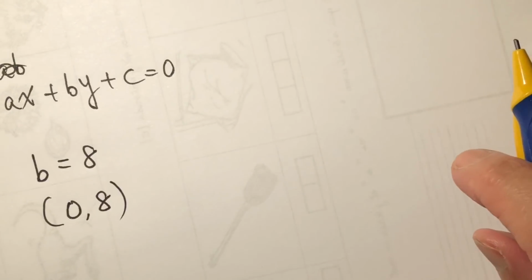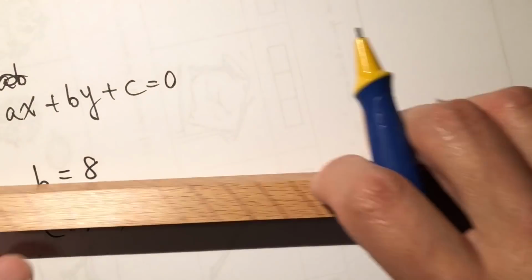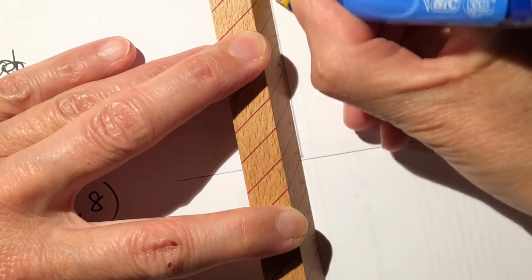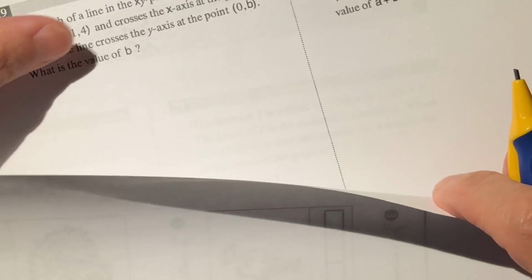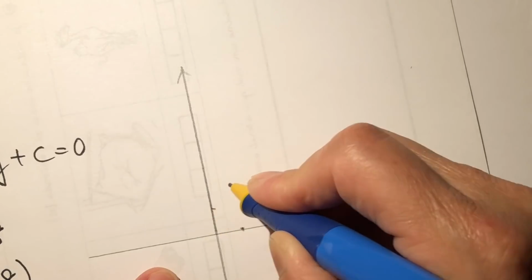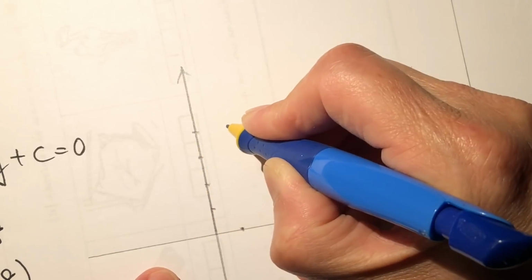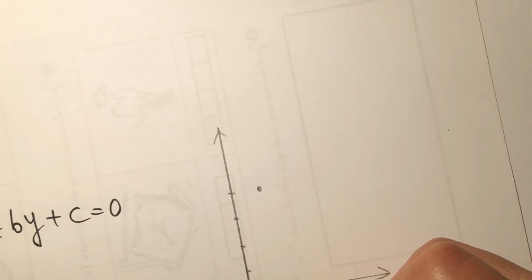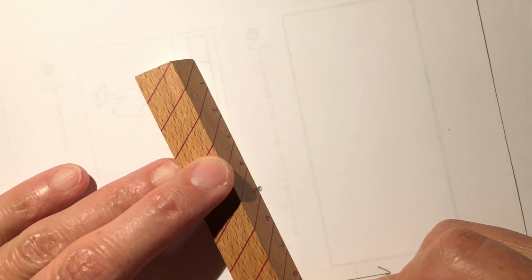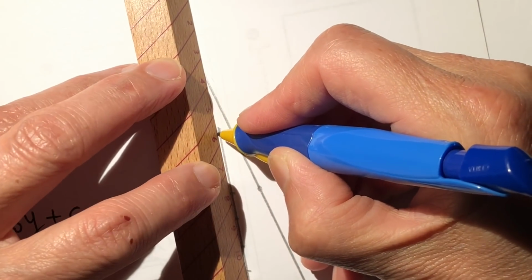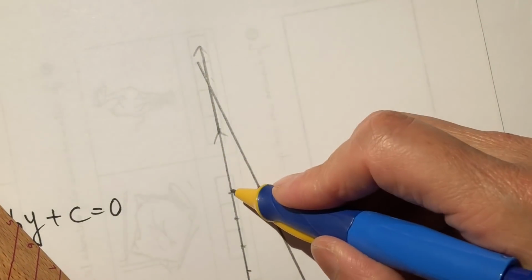How about we try to see if this line is right. I do not have graph paper, so I will just eyeball it. 1, 2, 3, 4, roughly. And another point, 2 and 0. So it crosses, and the y coordinate when x equals 0 is 8.